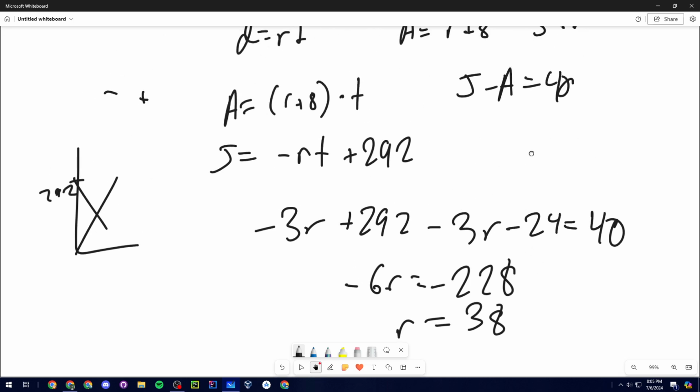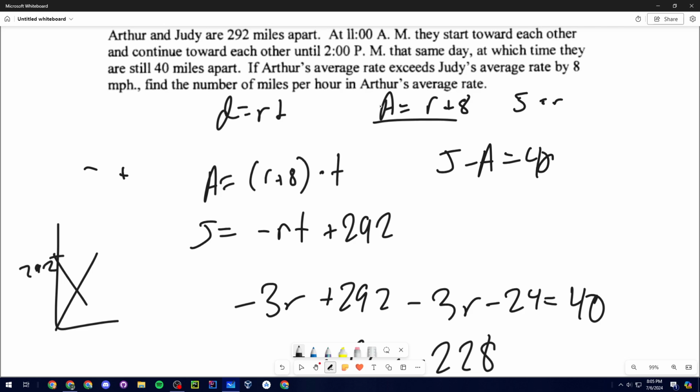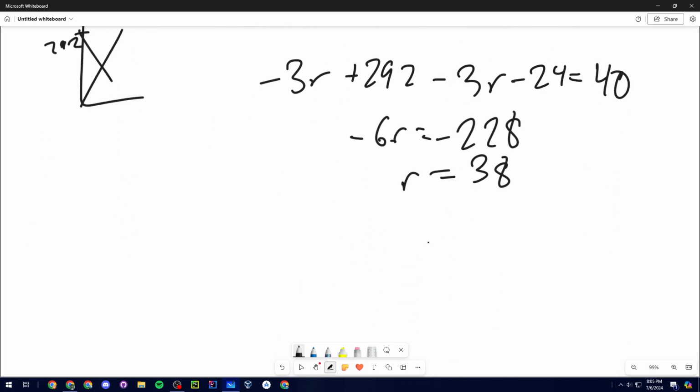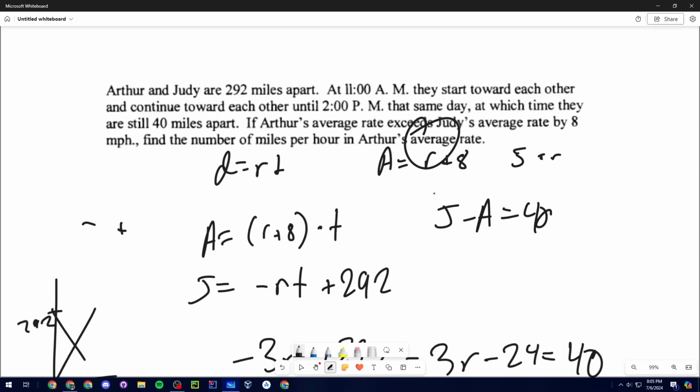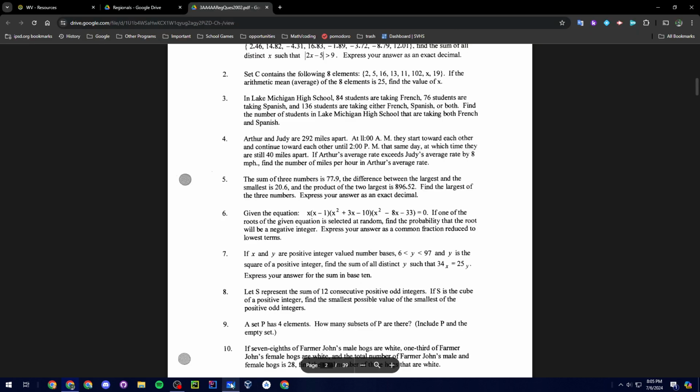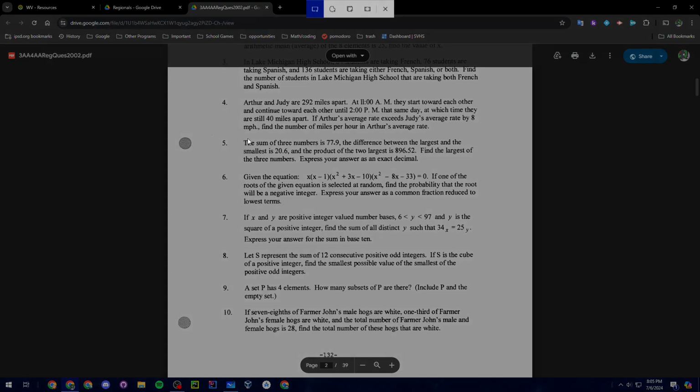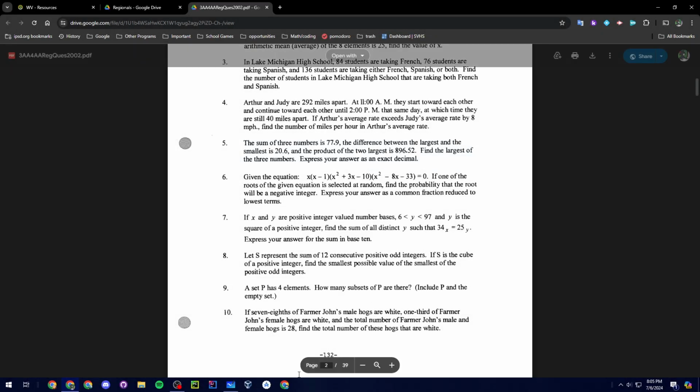But is that the answer? No, because we need to find Arthur's rate, which is R plus 8. So 38 plus 8 is equal to 46. And the average rate, don't read too much into it. That's just the rate. But yeah, okay. Okay, moving on.